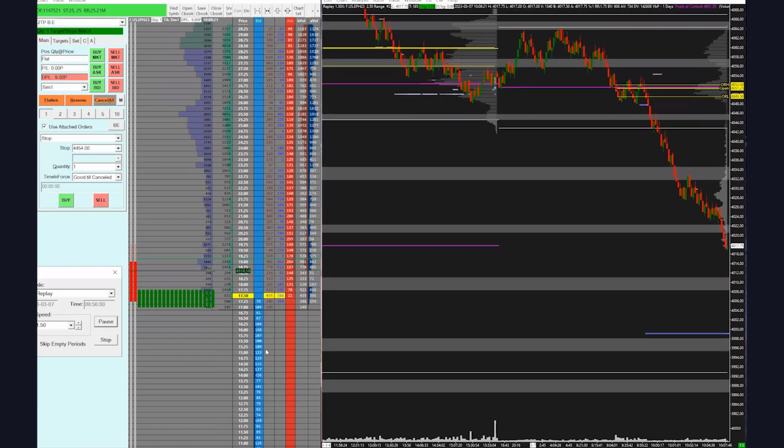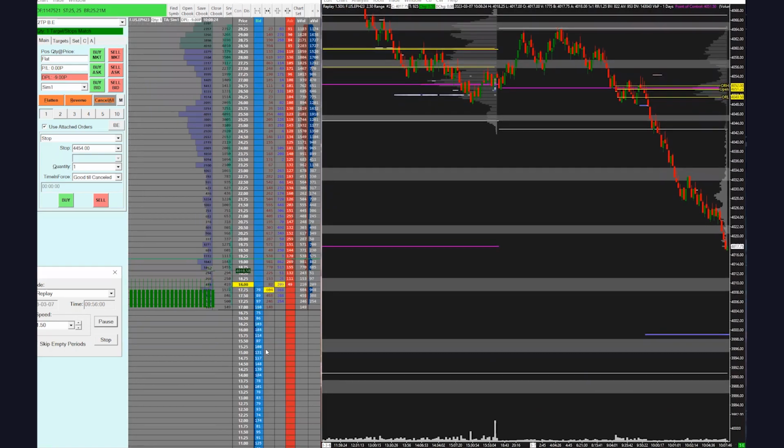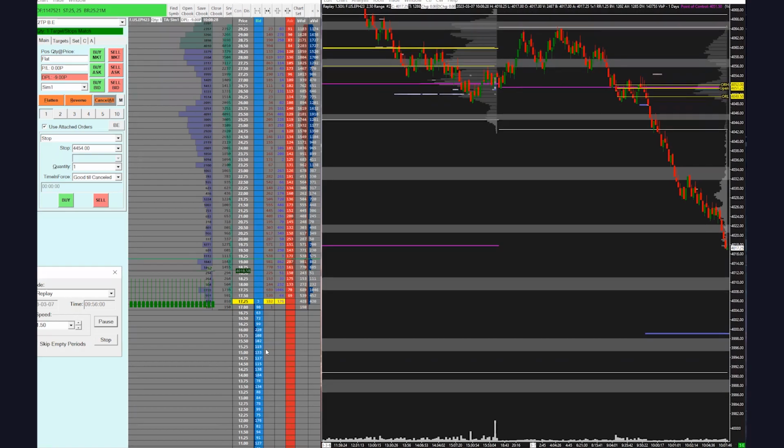So they're still reoffering pretty strong. There's no real stuck shorts. No one's getting stuck. Everyone's happily selling.